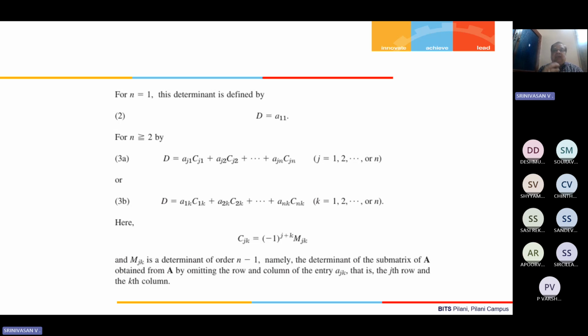So naturally, if the original determinant is of order n, a minor of any element will definitely be of order n minus 1, namely the determinant of the submatrix of A obtained from A by omitting the row and column of the entry Ajk. Okay. The jth row, Ajk, you know, jth row and kth column. If you say Aij, ith row, jth column.